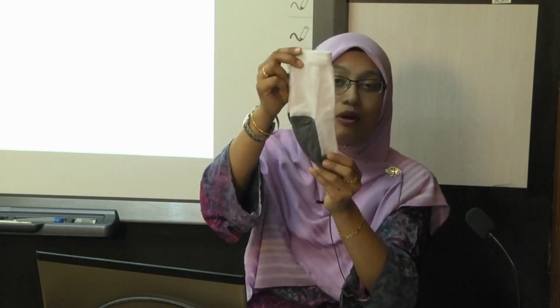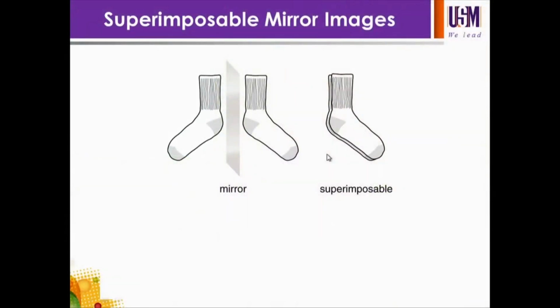It doesn't matter which foot you wear, the sock is still the same. It's different when you have a right-hand glove. The glove only fits your right hand, while the left glove only fits your left hand. These socks, when we superimpose them, are identical.